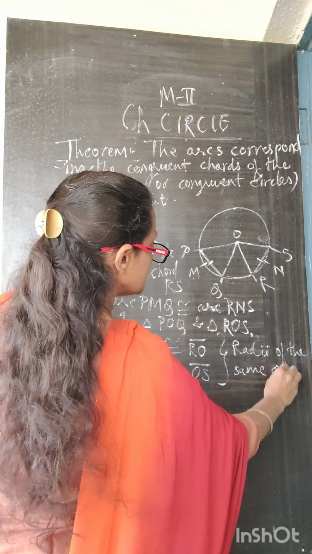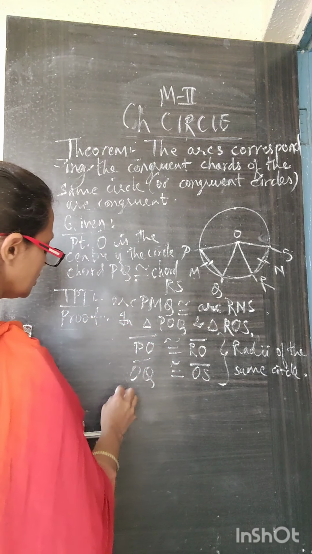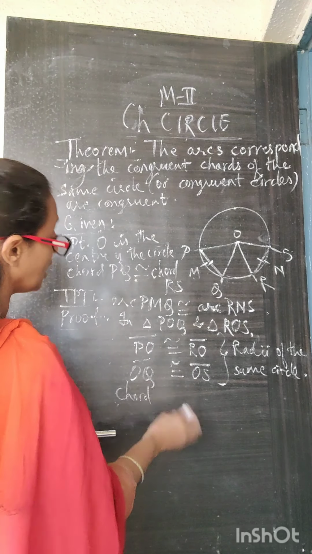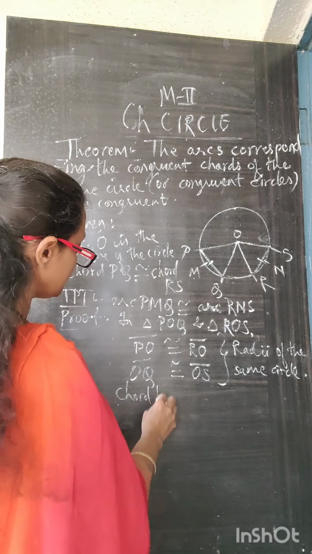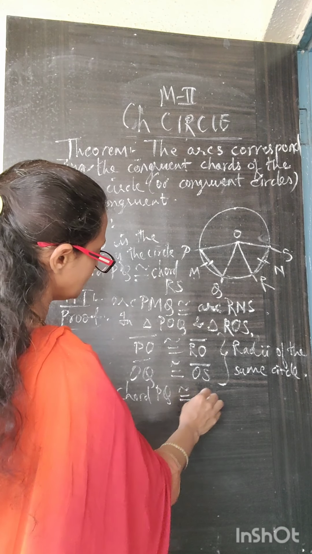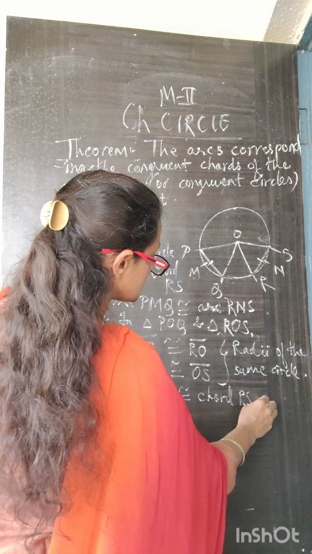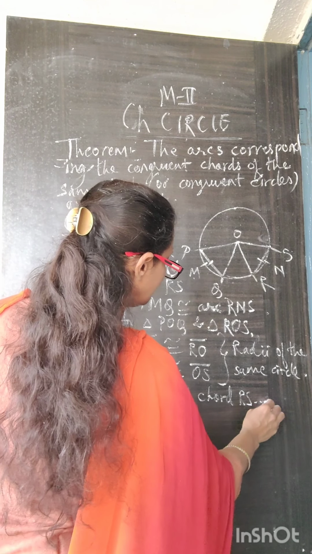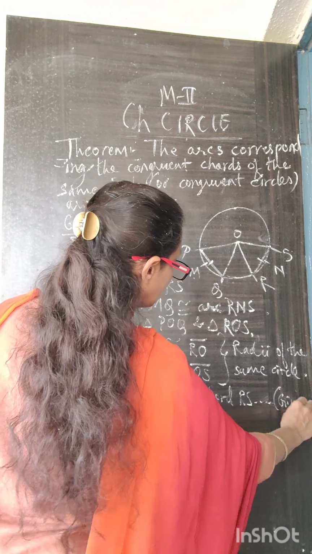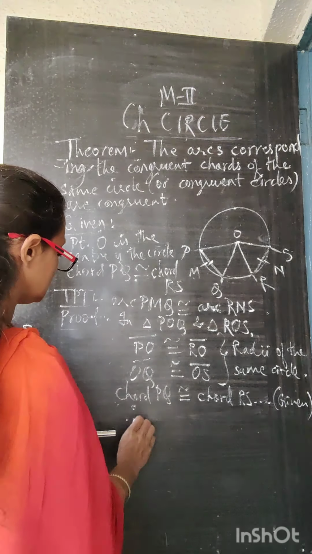And the third is the chord given in our theorem, chord PQ, the third side of the triangle, is congruent to chord RS. That is given. The reason: given.